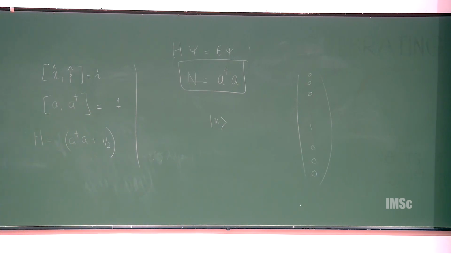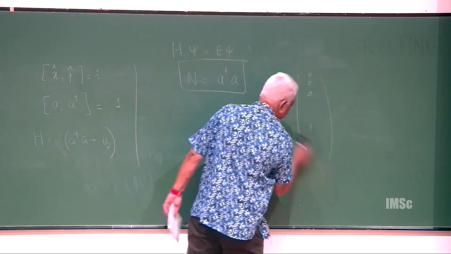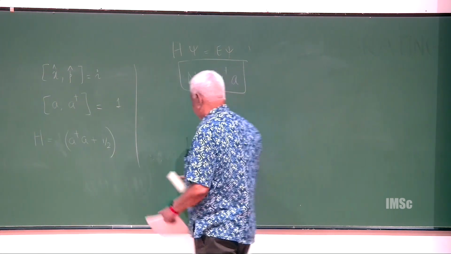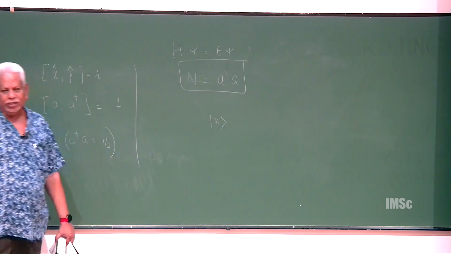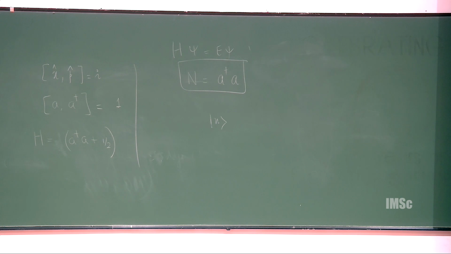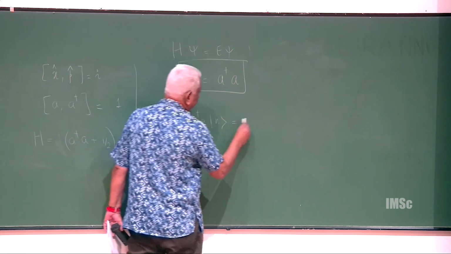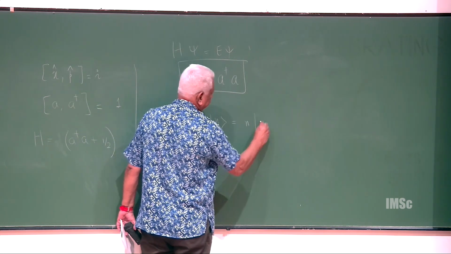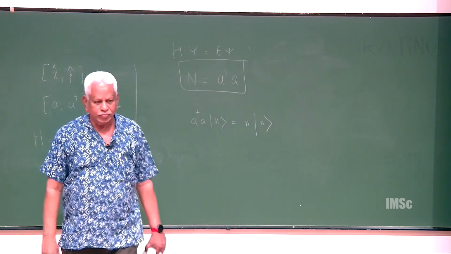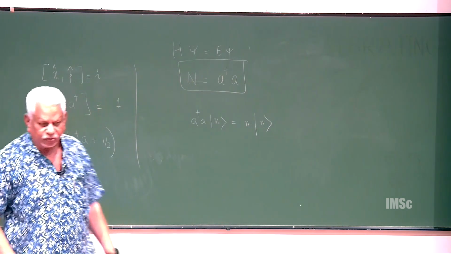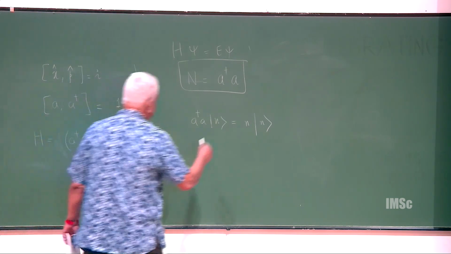So let me take that kind of vector, or a linear combination of that. The interesting thing you will find is, if this n is an eigenstate of A dagger A with eigenvalue, let me call it n itself, you can also call it a function of n if you want.